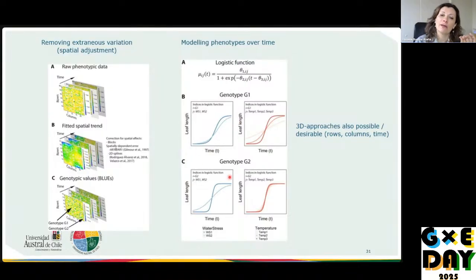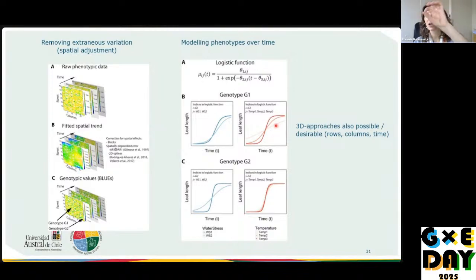So for example, here we have a small cartoon. We have genotype 1, whose curve does not change a lot if we have it in 2 water conditions, whereas genotype 2 changes a lot. It's dynamic if we move from one water level to another one. In contrast, genotype 1 is very sensitive to temperature because it changes a lot.